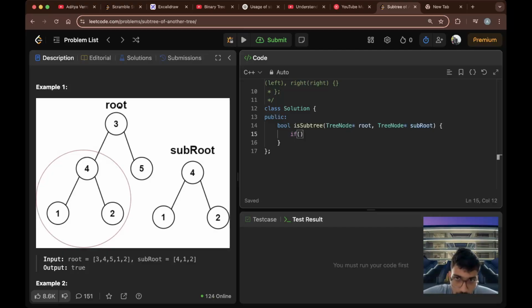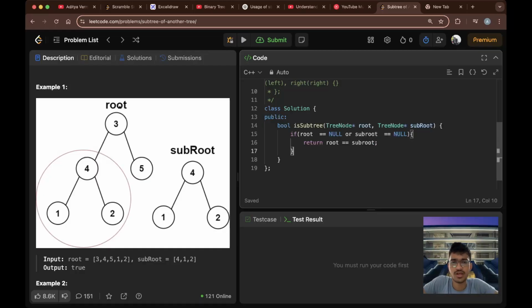The base case is the smallest: if root or subRoot is null, return root equal to subRoot.